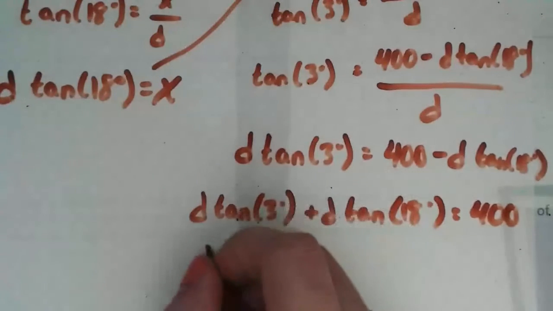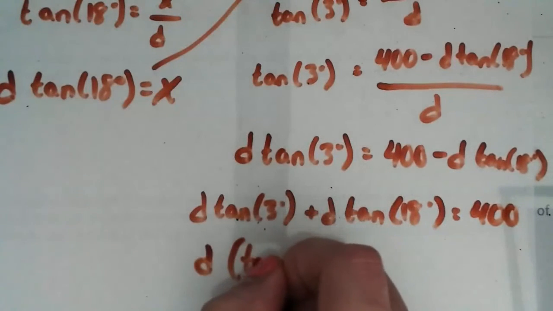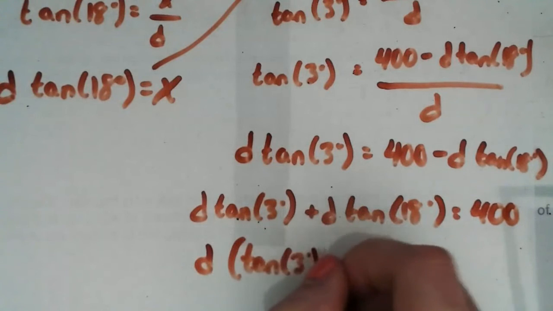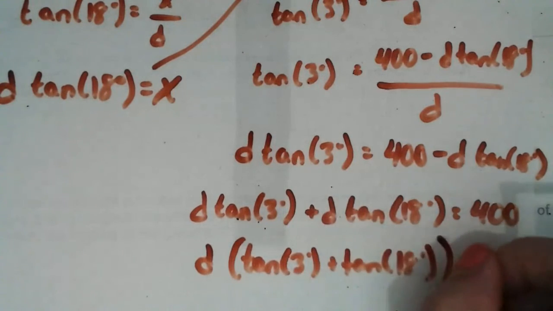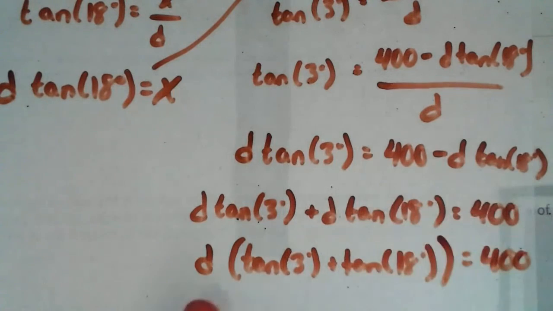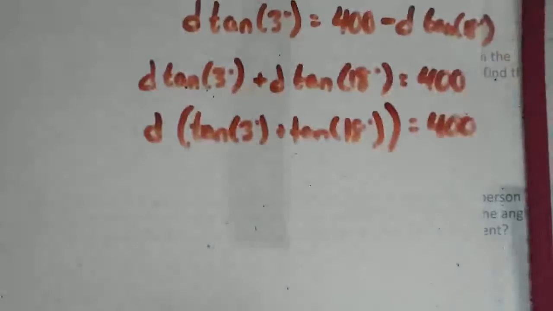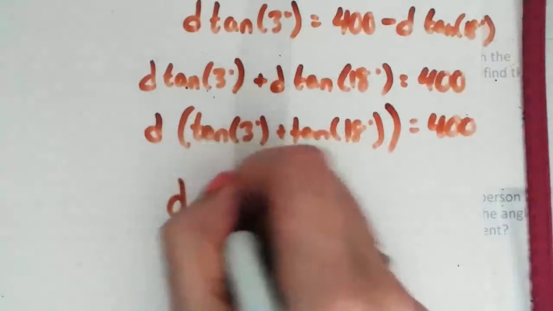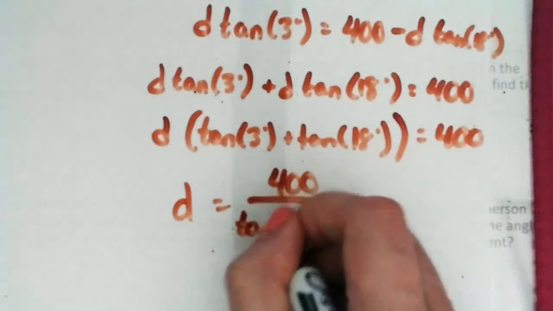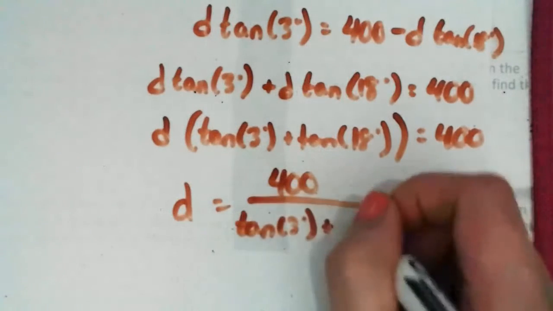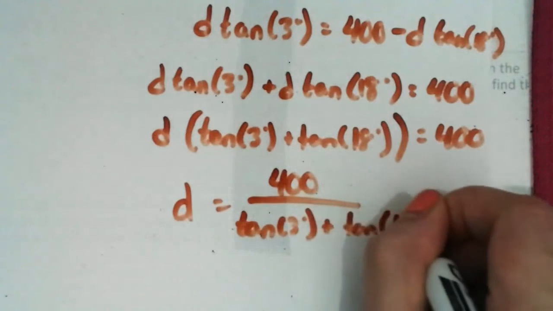Now I can factor out the D, so that I have D times the tangent of 3 degrees plus the tangent of 18 degrees is equal to 400. And then I can solve for D by dividing both sides by the sum of these tangents. So D is equal to 400 divided by the tangent of 3 degrees plus the tangent of 18 degrees.